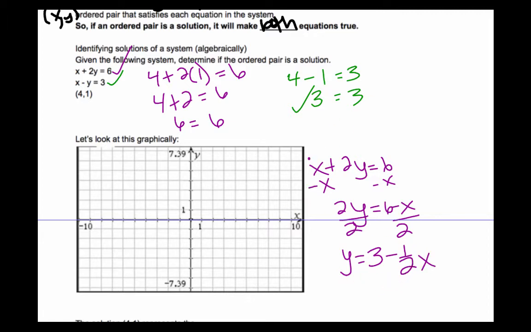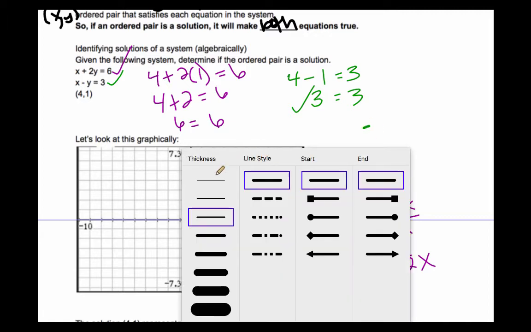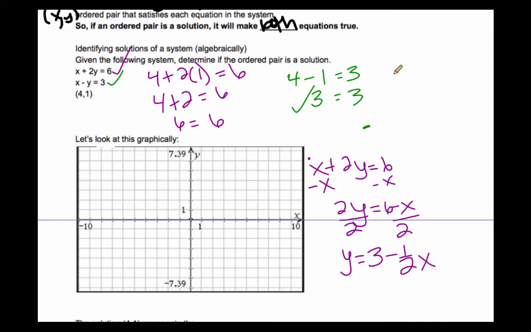The other line is the green line. This is x minus y equals 3, not 6. So I'm going to subtract x from both sides. So negative y, don't forget this negative sign, equals 3 minus x.